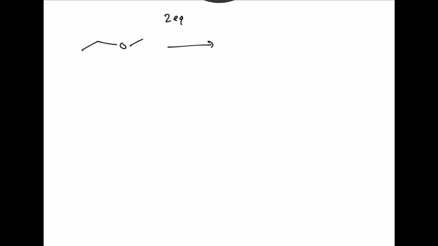So we have two equivalents of HBr, let's say. Instead of making an alkyl halide and an alcohol, I'm going to make two alkyl halides. So I'm not going to have an alcohol in my product.